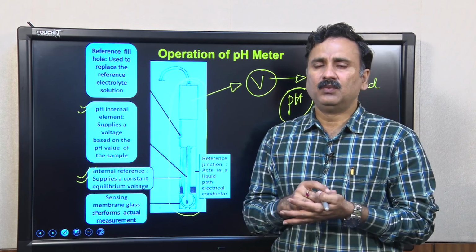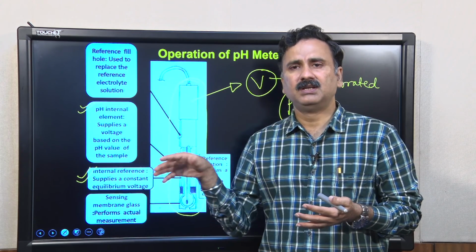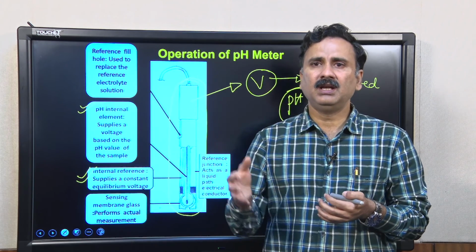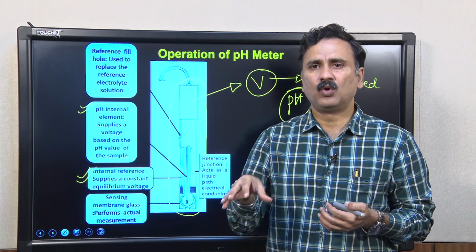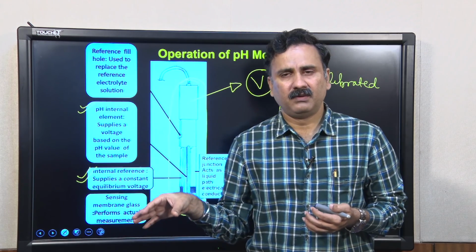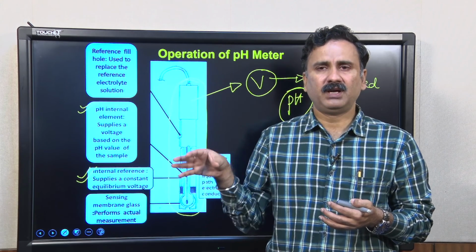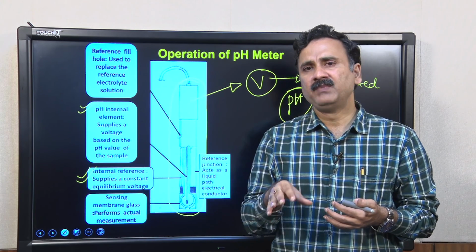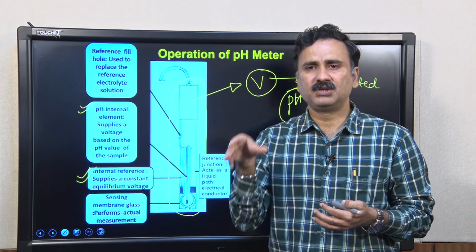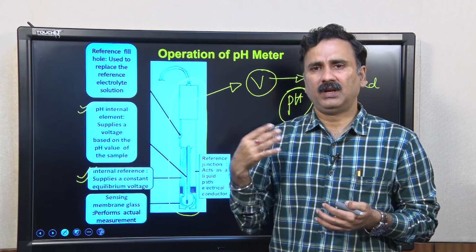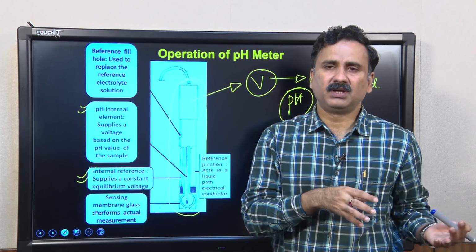By using these, you calibrate the pH meter, and then you can dip the pH probe into your buffer or solution where you want to measure the pH. It has to be completely submerged in the liquid, and then it will give you the pH of that particular solution.